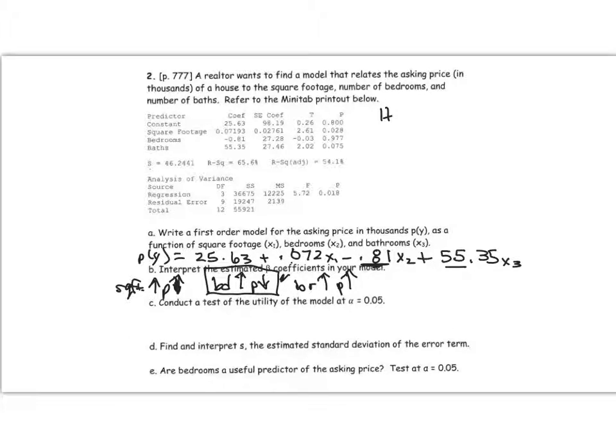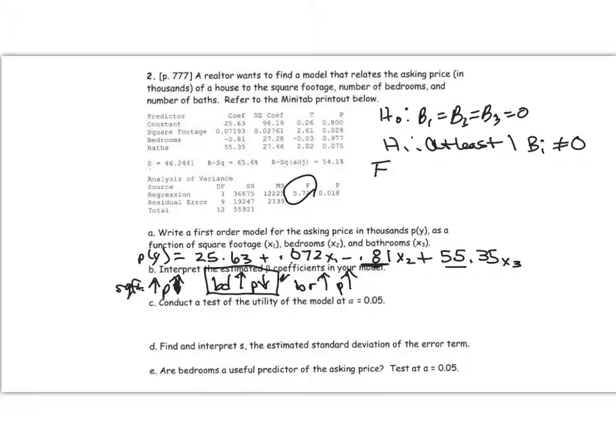So with 3 variables, our null hypothesis is going to be beta 1 equals beta 2 equals beta 3 equals 0, and our alternate hypothesis is going to be that at least one beta doesn't equal 0. And we can look at our F statistic too.